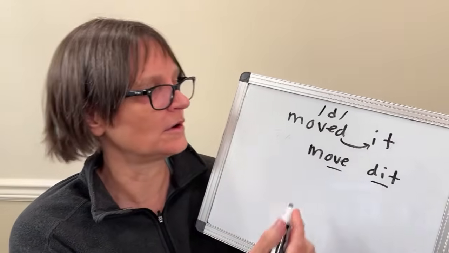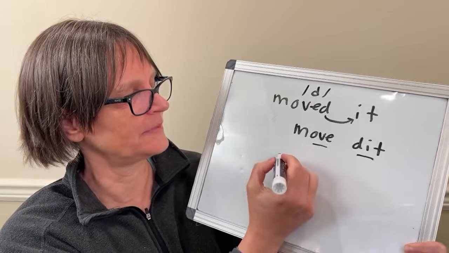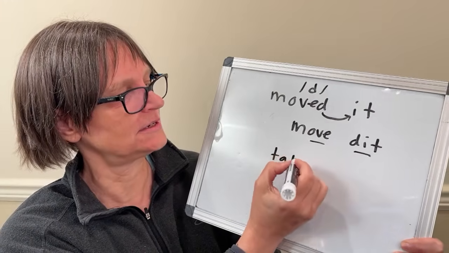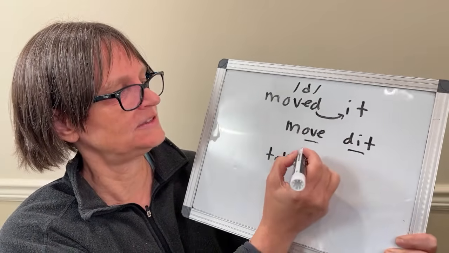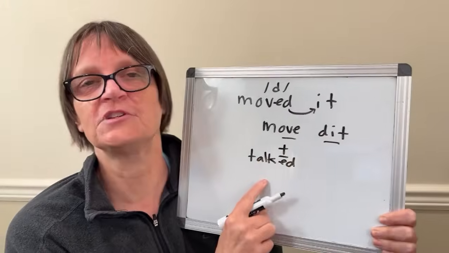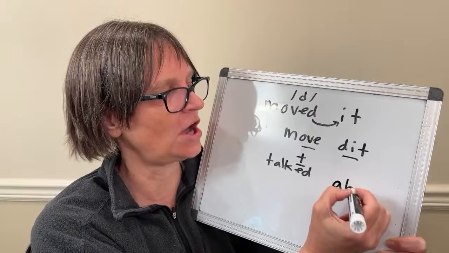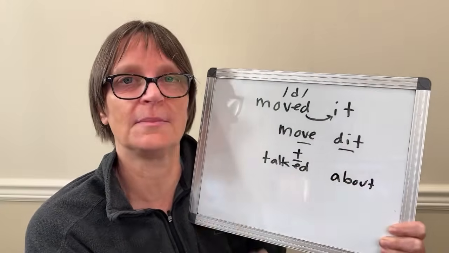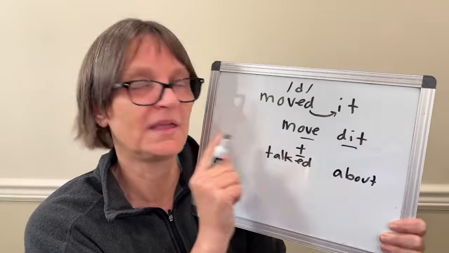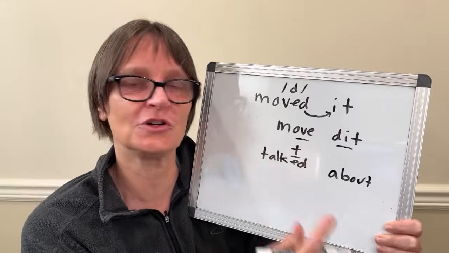But some other words like "talked," the ED says a T sound. So if I'm just saying "I talked," you're going to hear a T sound. But if I say "I talked about," that T, because when T links to a vowel, it turns into a flap.